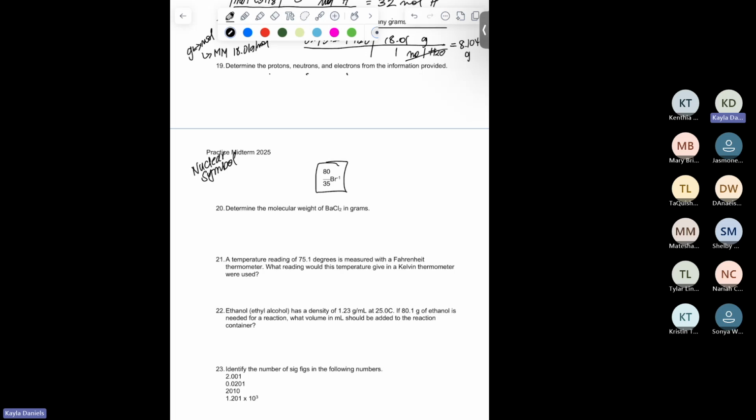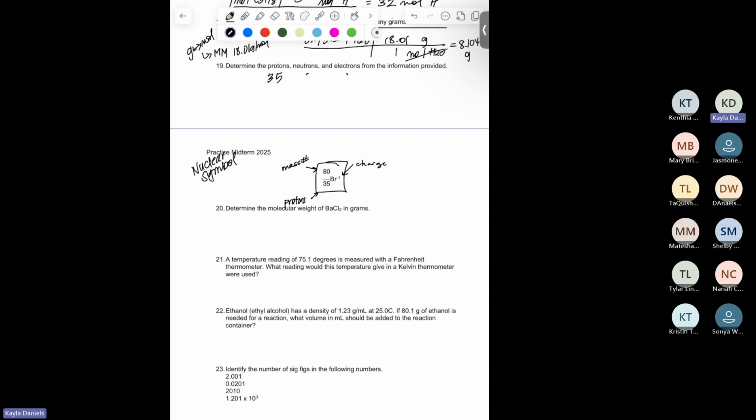We had the element symbol, then up in the top right was the charge, in the top left was the mass number, and the bottom left was protons. So protons we can automatically copy. The number of protons is 35. They tell me that in the nuclear symbol.